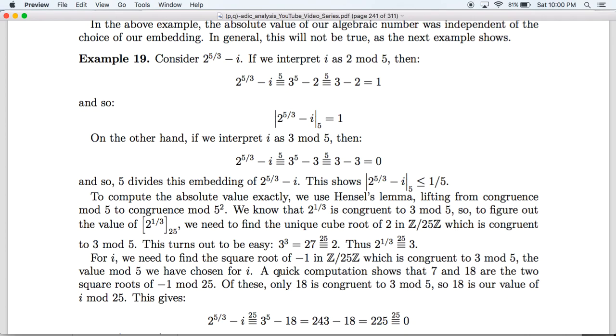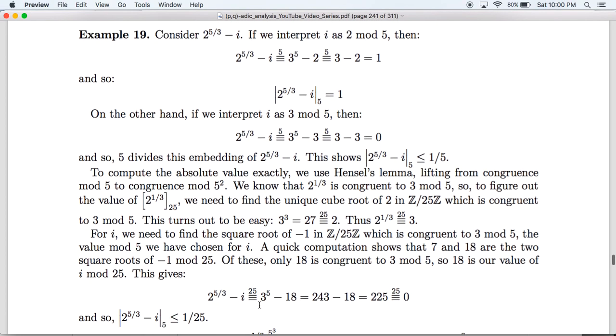A quick computation shows that 7 and 18 are the two possible square roots of -1 mod 25. When we project mod 5, this is congruent to 2 mod 5, and this is congruent to 3 mod 5. Since we picked the embedding where I is congruent to 3 mod 5, 18 is then the correct lift of this value of I from Z5 to Z25.